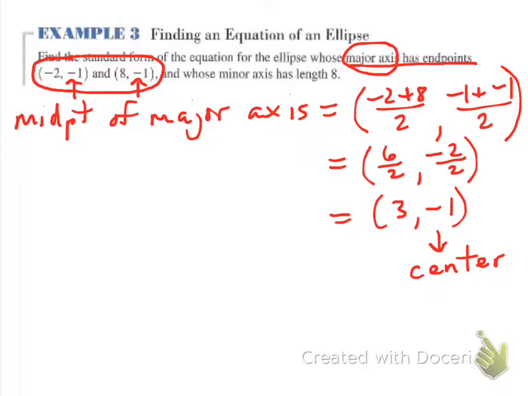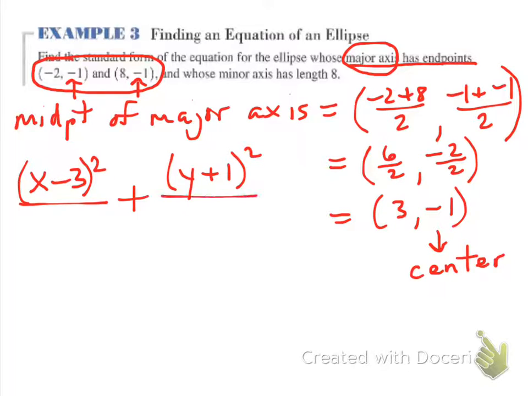So right now in my equation, I've got x minus 3 squared over, we've got to figure that out, and then y plus 1 squared equals 1. Now, notice I put y plus 1 because it's a -1, so it's just opposite. Just think opposite signs.